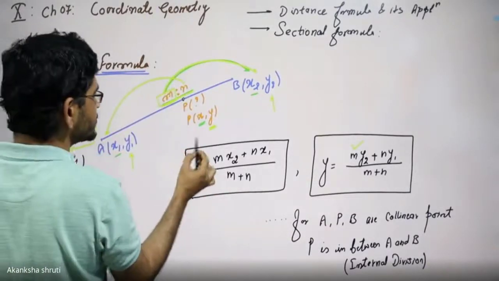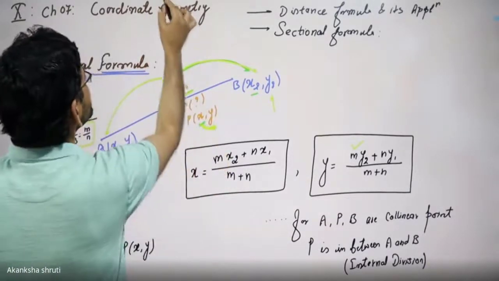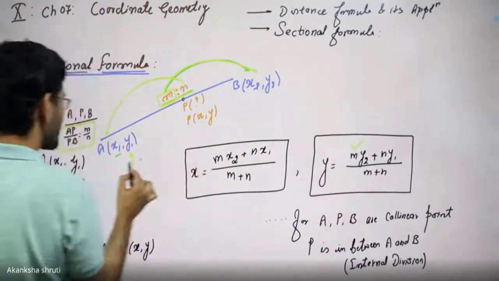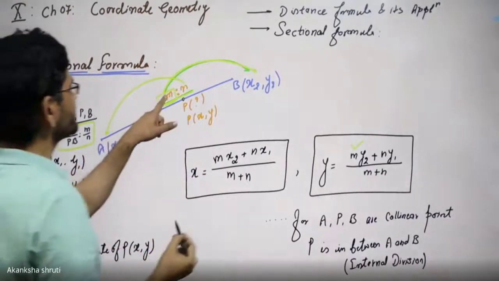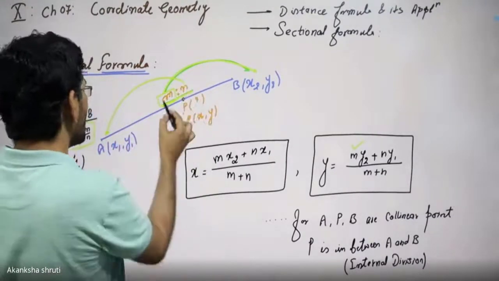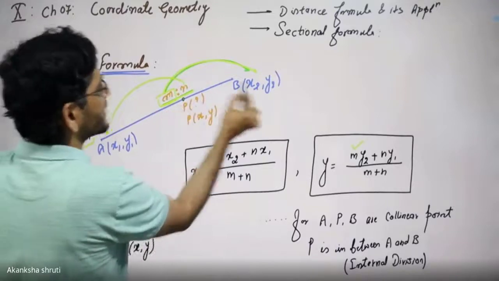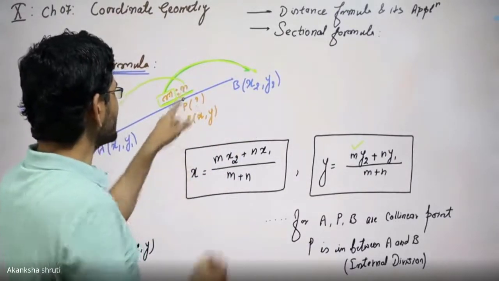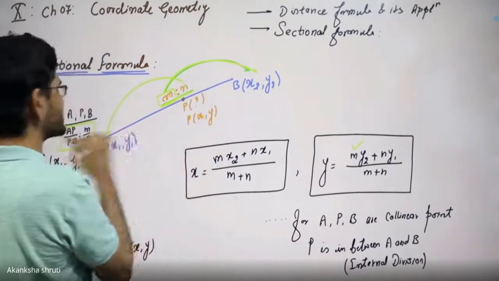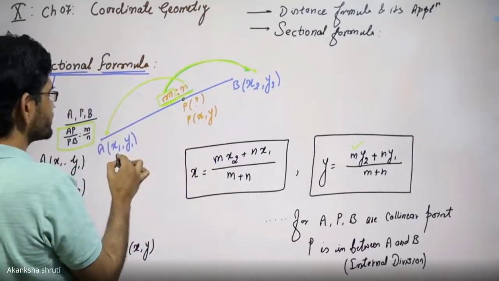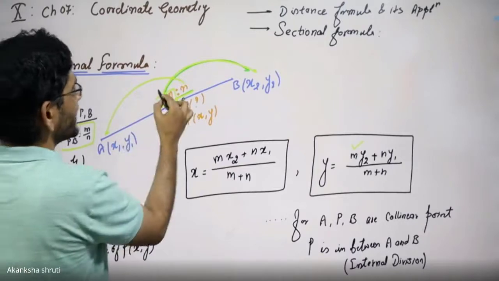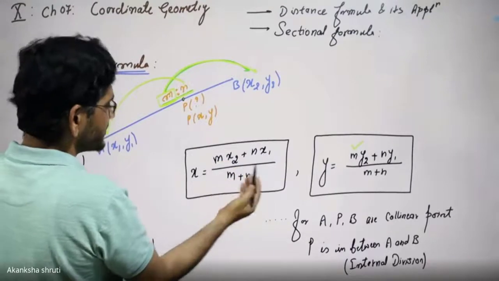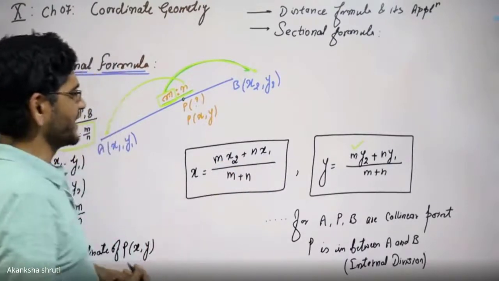So very easy to write, nothing to mug up, just we have to keep in mind we are going for the further points. Means if m to n we are considering, m is on the first side, then go for the second side. Students, you may start with n, still we need to go for the A side, n x1 plus m x2, means this term we may write first, denominator remains m plus n.